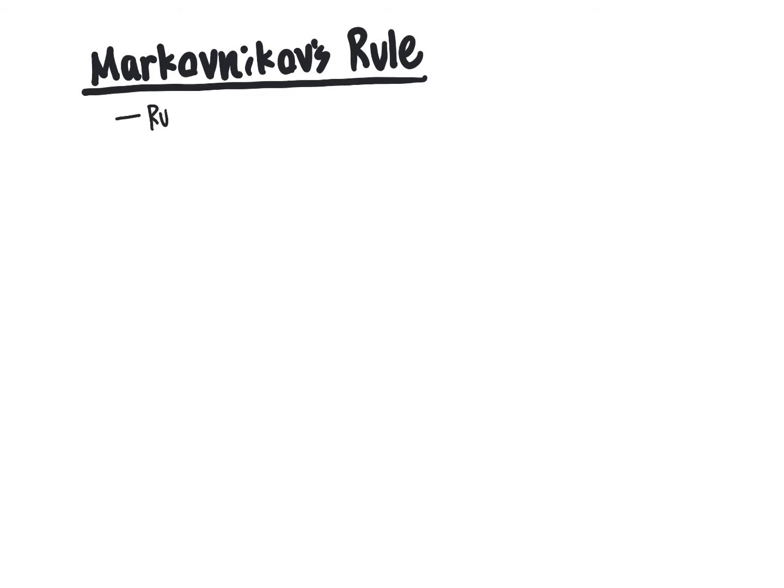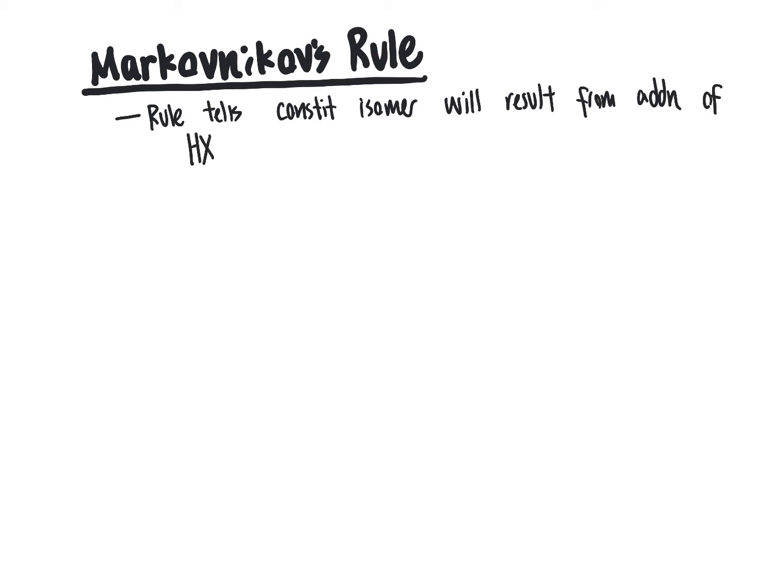Markovnikov's rule will tell us what constitutional isomer will result from the addition of HX, meaning HCl or HBr, or water plus acid, to a carbon-carbon double bond.